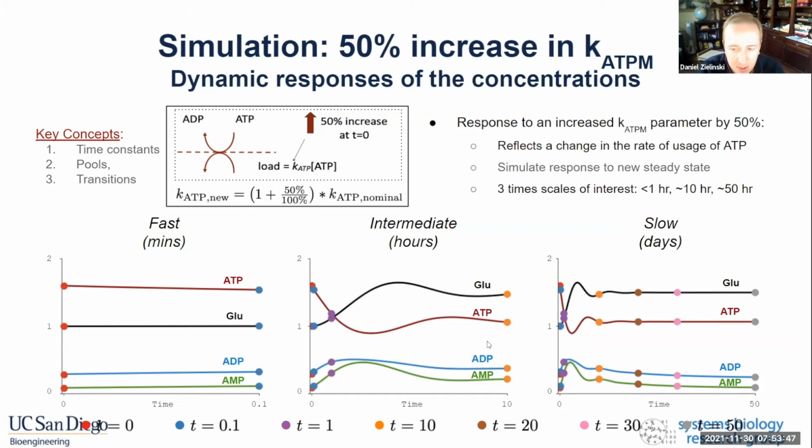But once you start plotting at the hours level, you start to see different dynamics. And then at the days level, you even see different dynamics once again. So you can see that there's a very slow increase of glucose, for example, over time. So oftentimes it makes sense to find dynamics that are relevant to your system or to your questions and plot them in that time window.